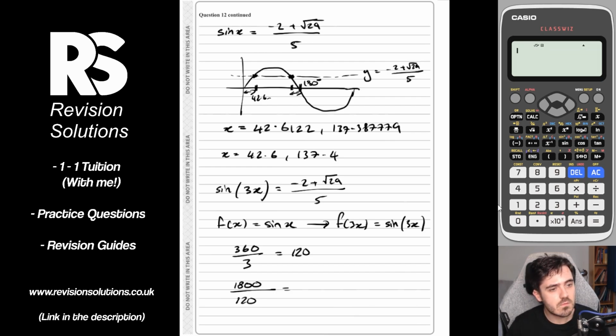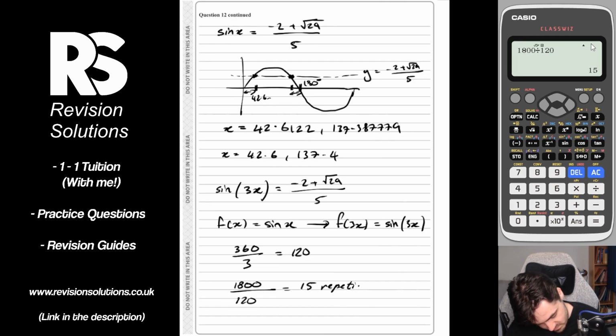My brain doesn't want to do that right now, apparently. 1800 divided by 120. That's 15 repetitions. So then in each repetition, there's 2 solutions like we saw here. So 15 repetitions, 2 solutions, that would be 30 solutions total.